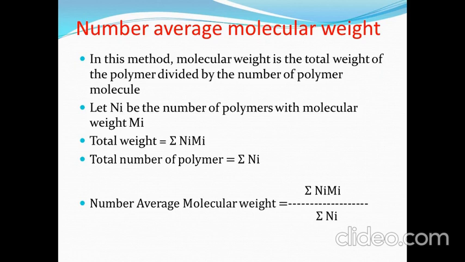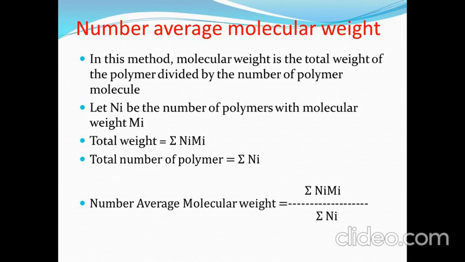There are many ways to calculate average molecular weight. Number average molecular weight and weight average molecular weight are two prominent methods.